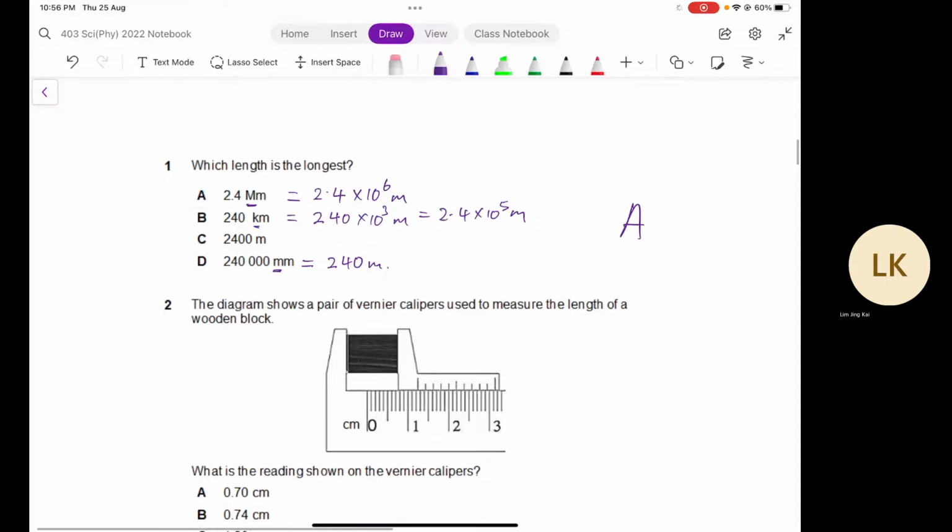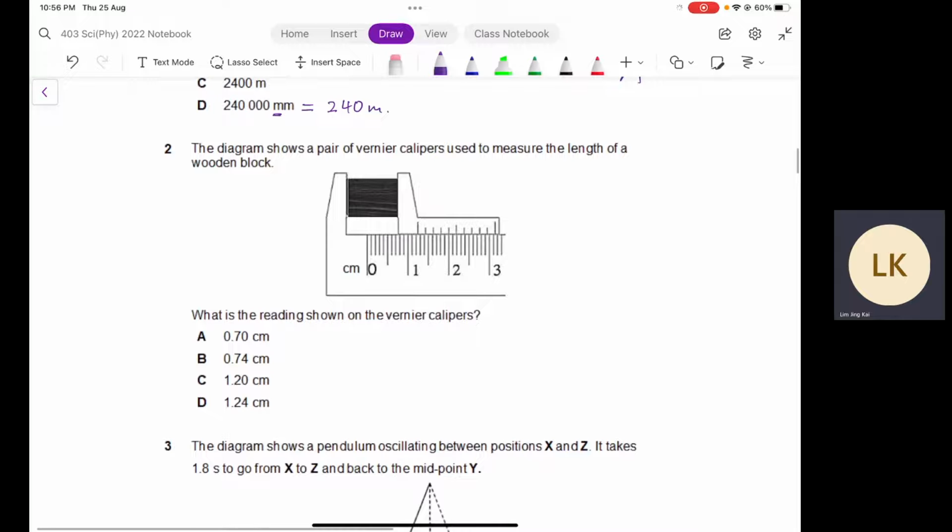B. Question 2. The diagram shows a pair of vernier calipers used to measure the length of a wooden block. If you look at the vernier caliper scale very carefully, we start off with 0. We need to find out where the 0 on the vernier scale is. This part here is the 0 on the vernier scale.